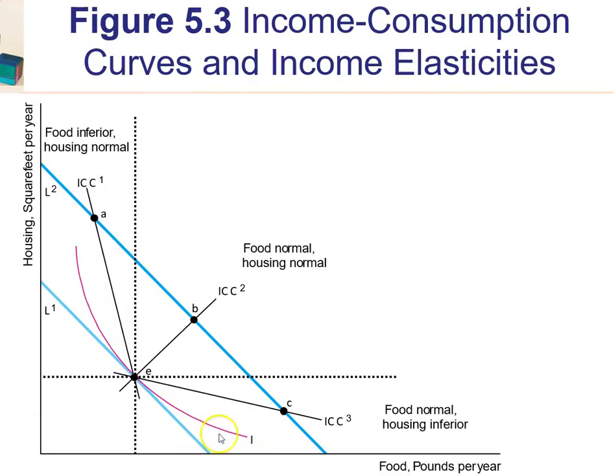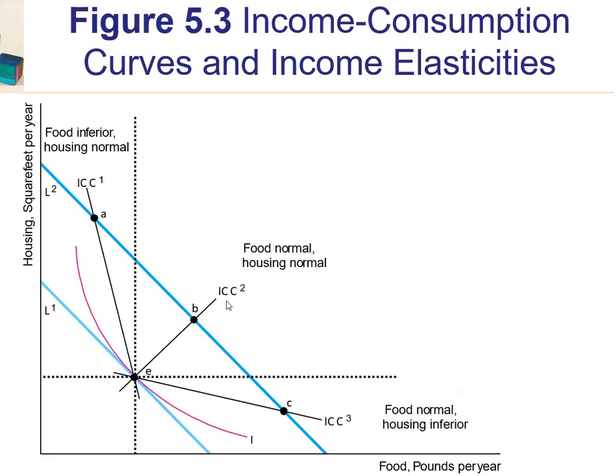As your budget expands, your income increases, then should your next bundle for the optimal be at point B, let's say, that would suggest that as your income rises, you're buying both more housing and more food. Therefore, food and housing would both be considered normal. This is the case of an income consumption curve that is expanding with a positive slope.